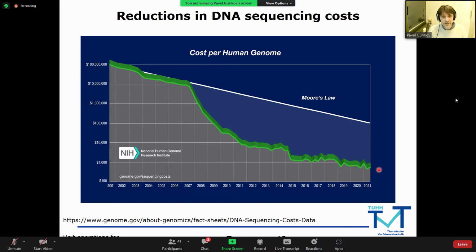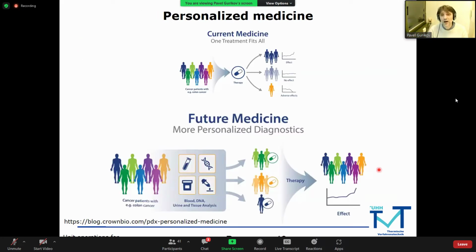Our genes basically dictate what is going on in our body, and you also have sleeping or hidden genes which are not active, or not active yet. If we are able to understand this whole genomic picture, then of course we will be able to come up with personalized diagnostic tools and more personalized treatment tools.